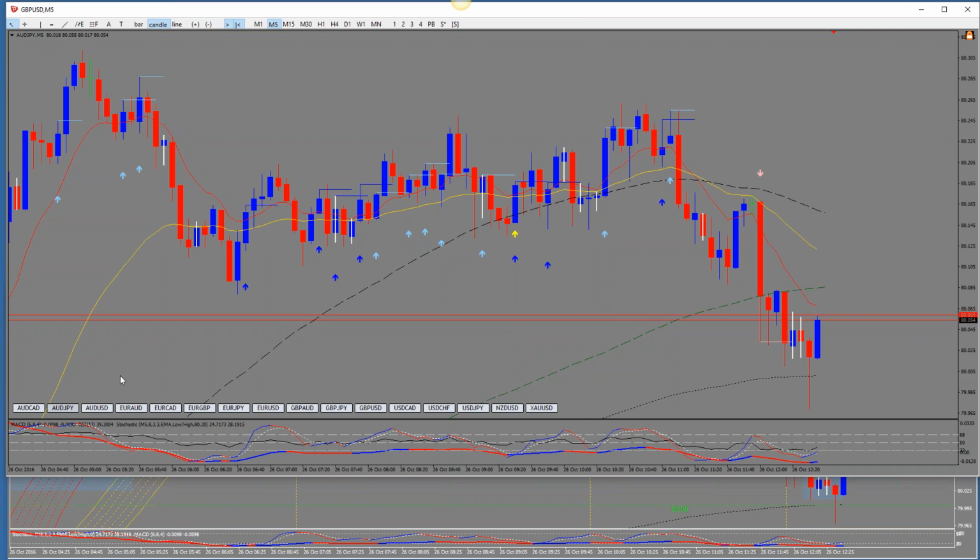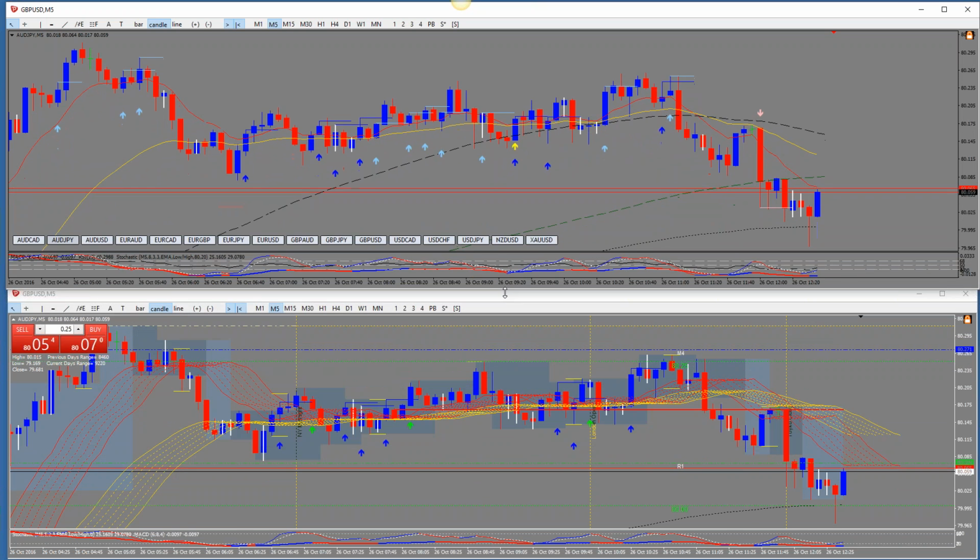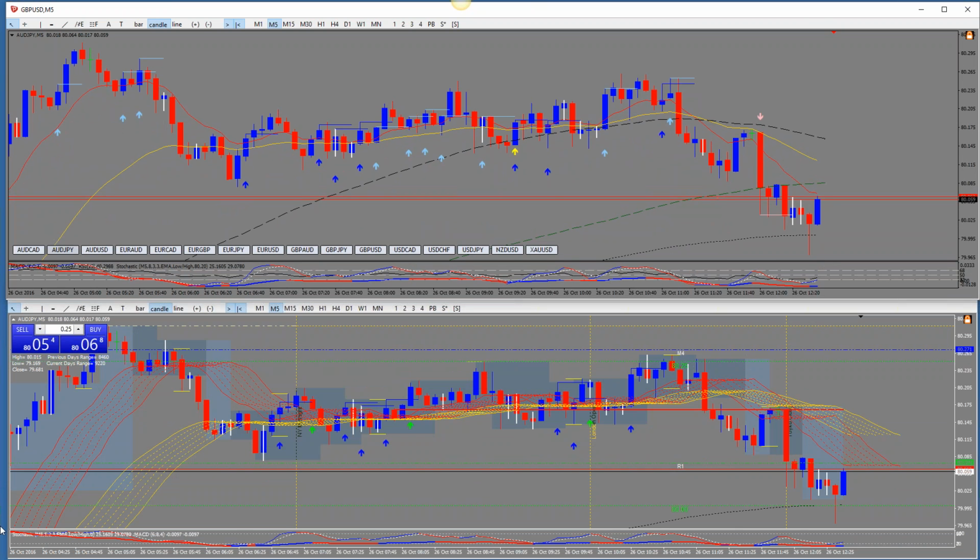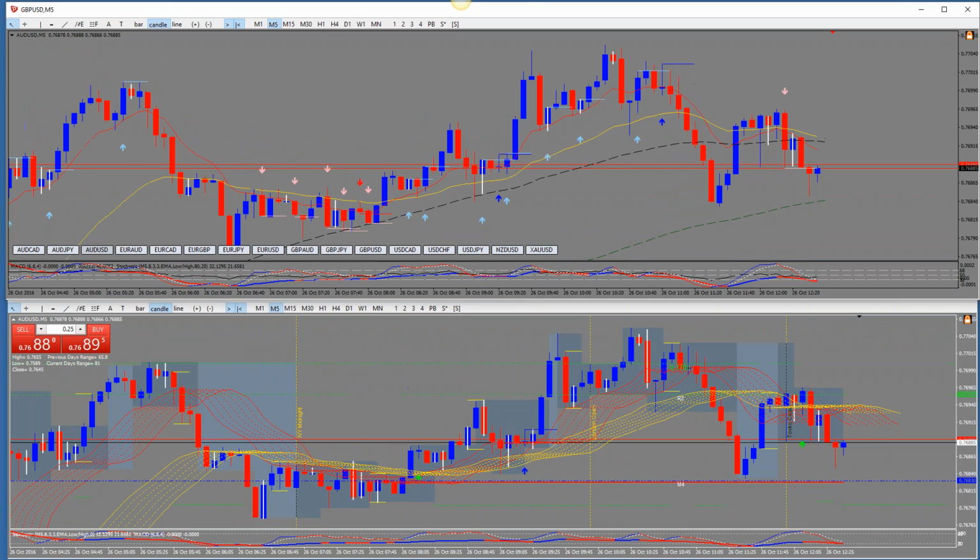So the MACD does work, but I really don't follow it that religiously anymore. It does work. I keep it on there because I guess I just visualize it.